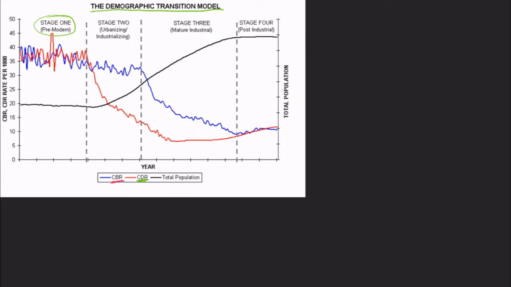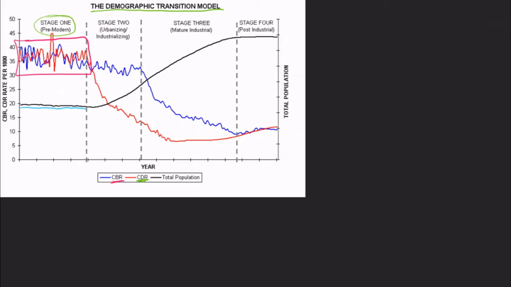And so if we look at the red line and the blue line, up here in this section, they're pretty close to each other. And as a result, if we look down here, the total population remains fairly steady, because the birth rate and the death rate are pretty even. So there's as many people being born as are dying in any given year, close to the same.